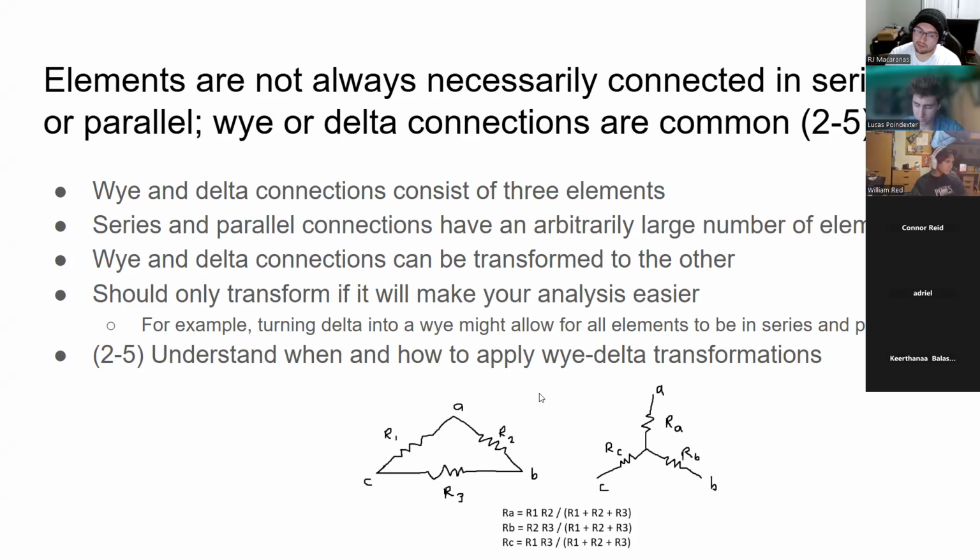And we can actually transform one to the other, right? So this is a delta structure, and you'll note that all of these nodes must be consistent. There are equations relating each resistance in the transformation, and you need to be cognizant of where these nodes are and where these resistances are.